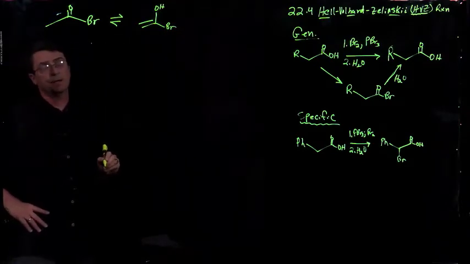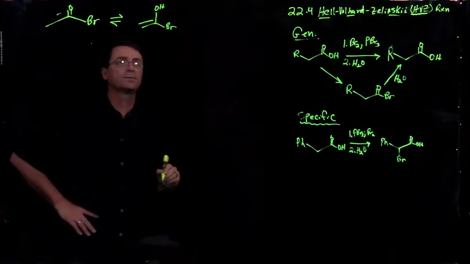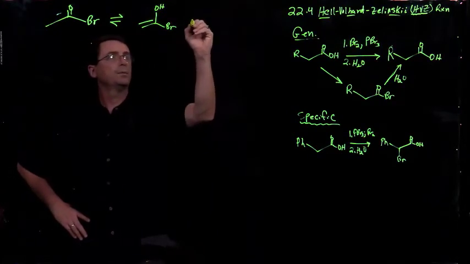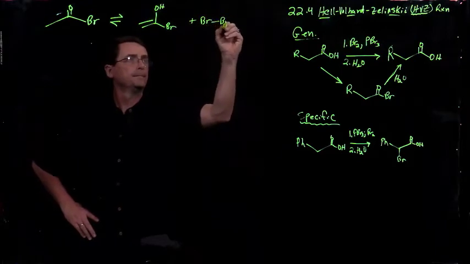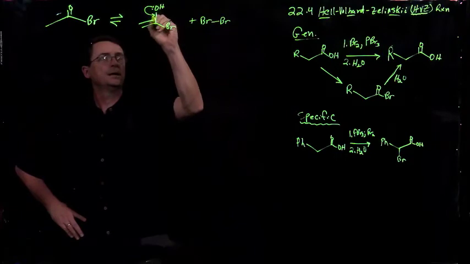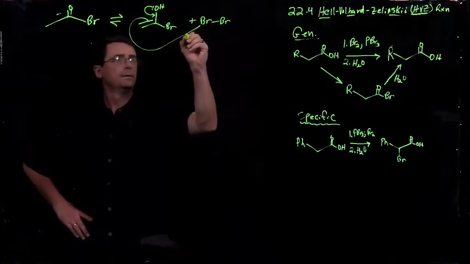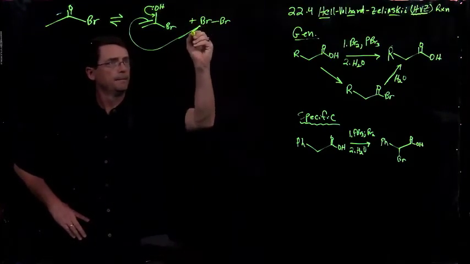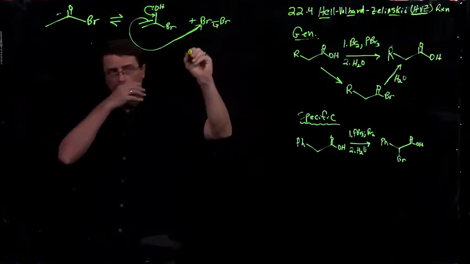And even though that's not as favored as it would be with other systems, there's more than enough of this that, when bromine is present, we've got a very nucleophilic alkene that attacks the bromine.